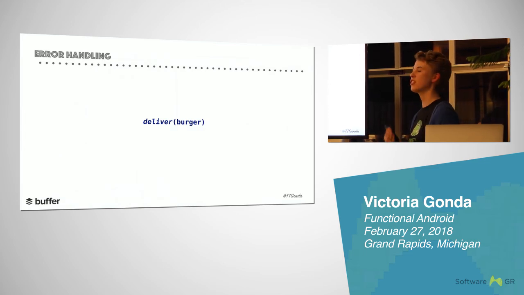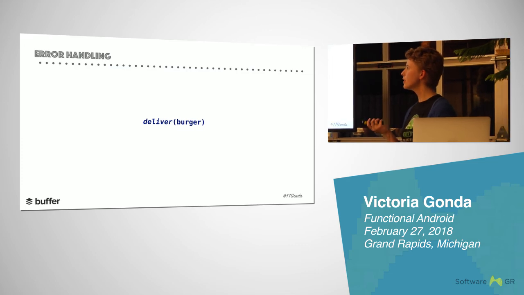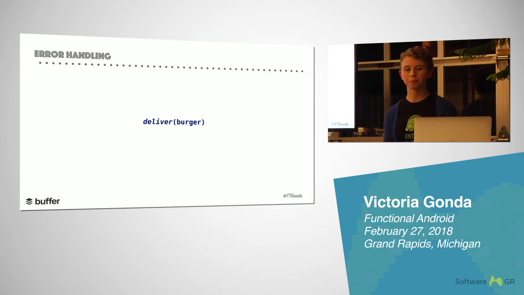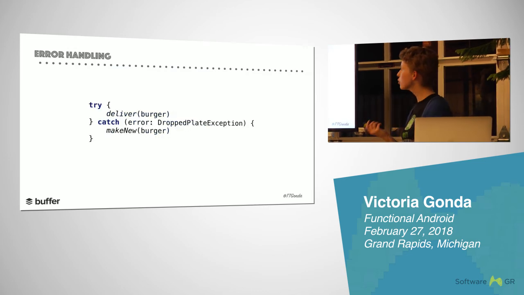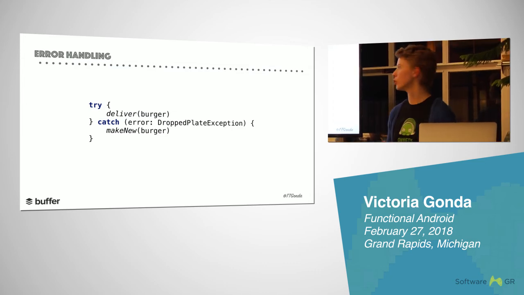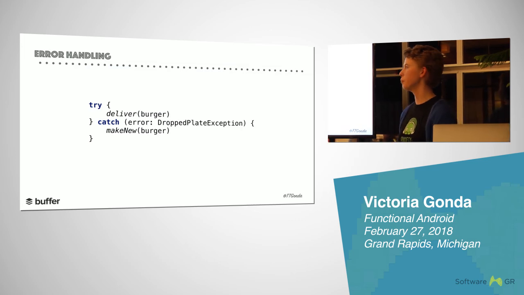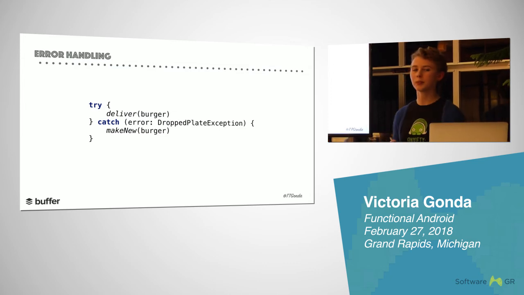So we have our deliver burger method. We've seen this before. But what if this could cause an error? What if when it's being delivered, the plate gets dropped? We could surround it in a try catch if we know this can happen. Sure, and then we can make a new burger. But that's not a very functional way to do it. And it can lead to unexpected states.